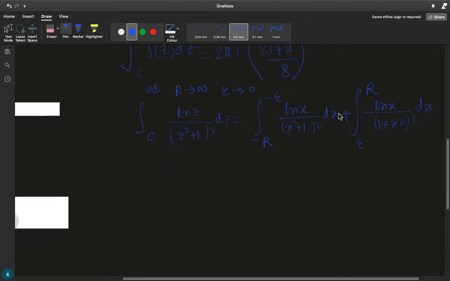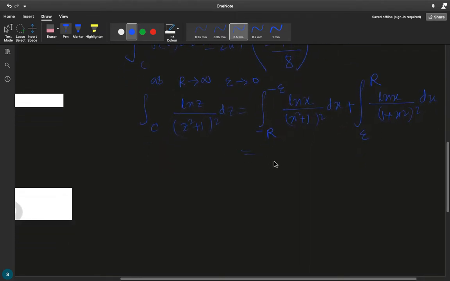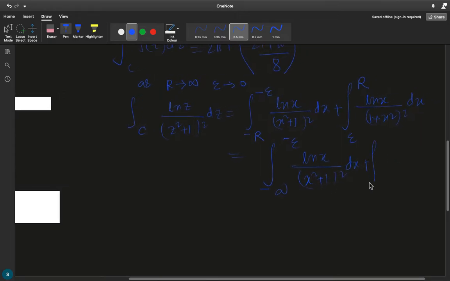Now as the other two values go to 0, we can write minus infinity to minus epsilon of ln x by (x square plus 1) whole square dx plus, in place of epsilon you can also write 0, the integral from 0 to infinity of ln x by (x square plus 1) whole square dx.